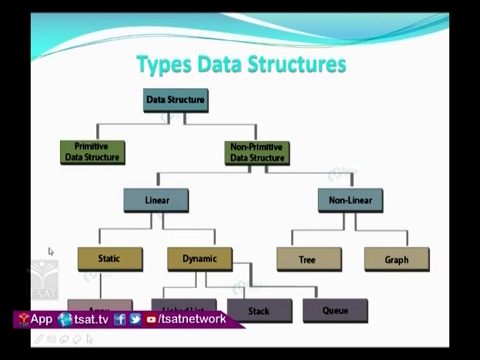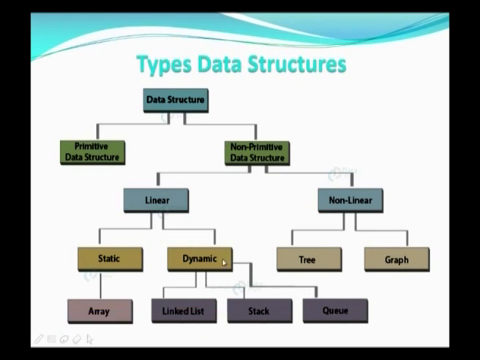Here we discuss the linear data structures. Again these linear data structures are divided into two types, static and dynamic. The array comes under static data structures. Linked list, stack and queues, these three come under dynamic data structures.